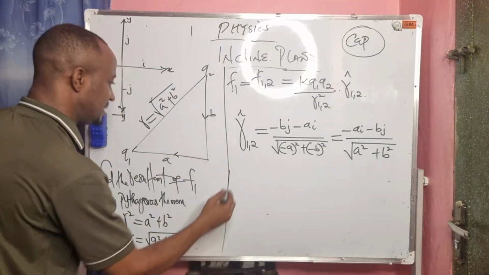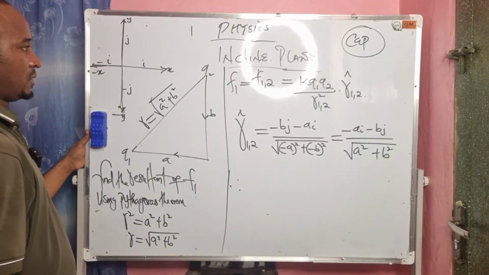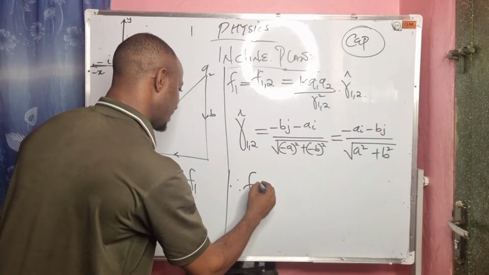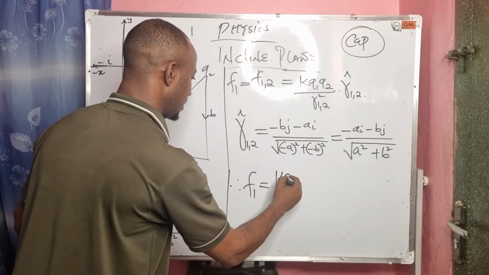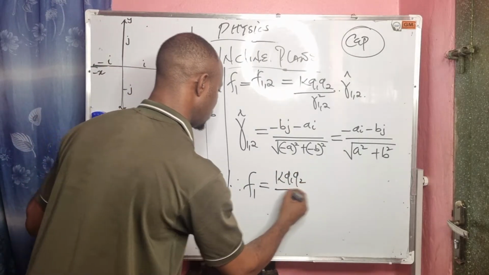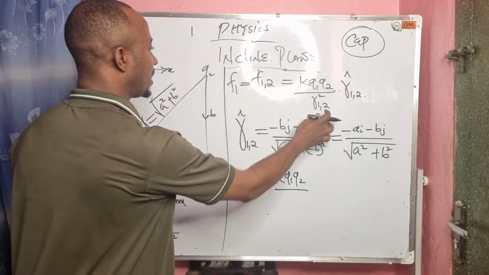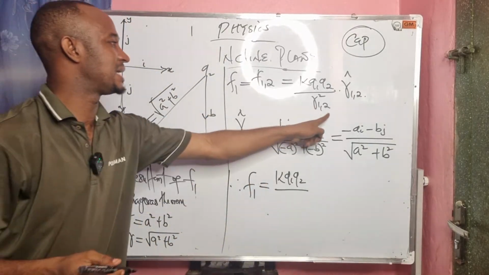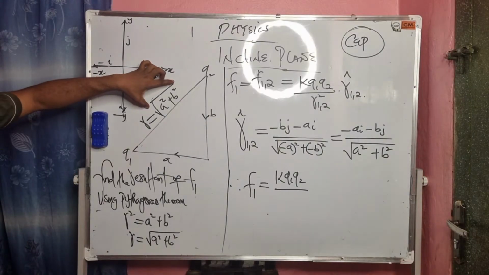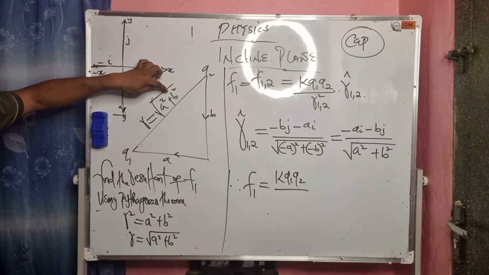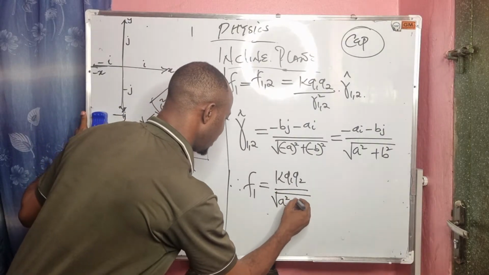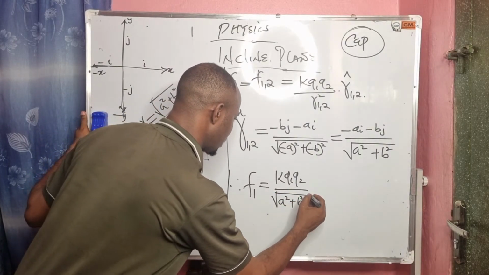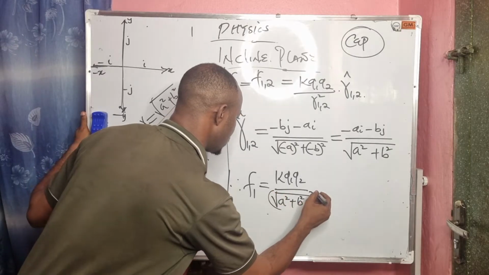That means that, therefore, our F1 is now equal to what? Let's define it together. k q1 q2 divided by r1,2 squared, the distance between charge 1 and charge 2, is this. Is it not the square root of a squared plus b squared, meaning the square root of a squared plus b squared, all squared?